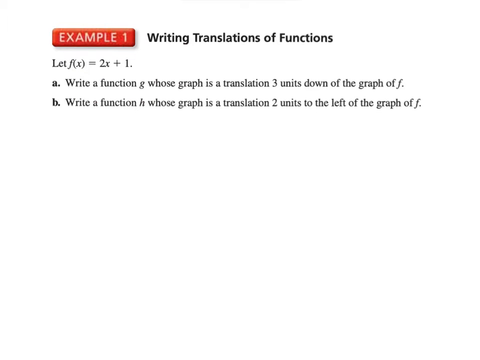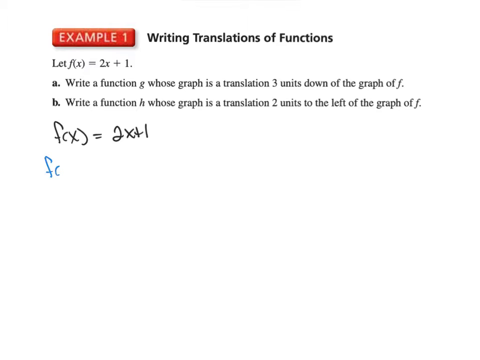All right, example 1, we're translating functions. Let f of x equal 2x plus 1. We need to write a function g whose graph is a translation 3 units down of the graph of f. So we're going to start with the function, and we're going to translate it 3 units down. Vertical translations happen outside the function.